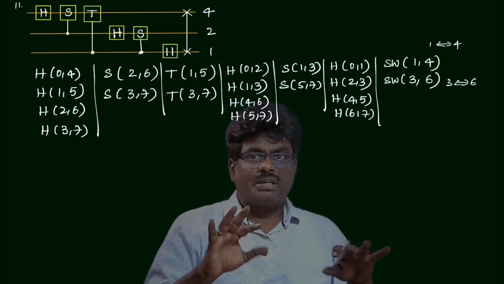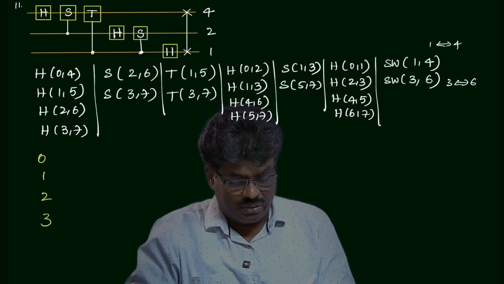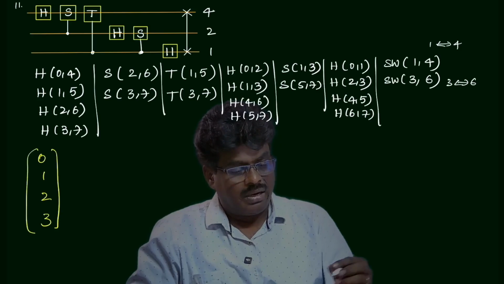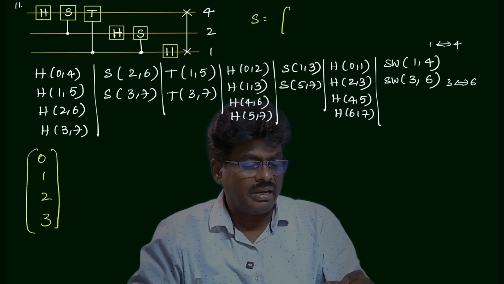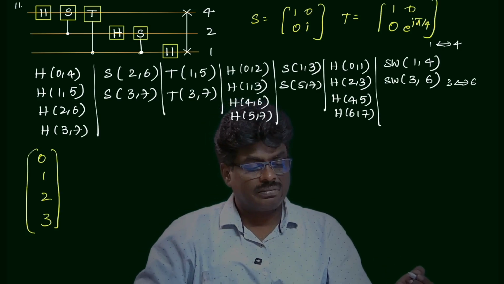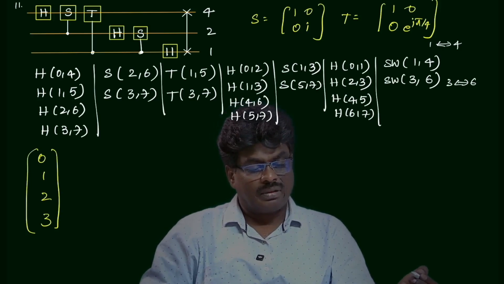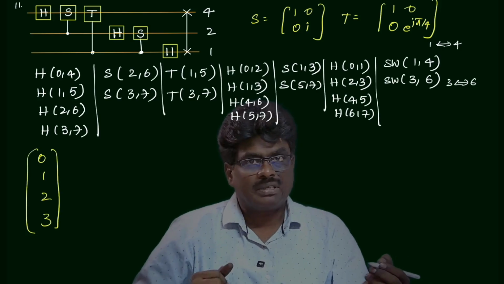So I have written the operations and I request you please start like this, 0 1 2 3. I hope you remember the S gate, that is 1 0 0 i, and T, that is 1 0 0 e raised to i pi by 4. Okay, so try to do it carefully, and if you are facing any trouble please contact.